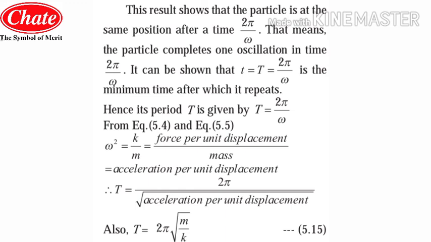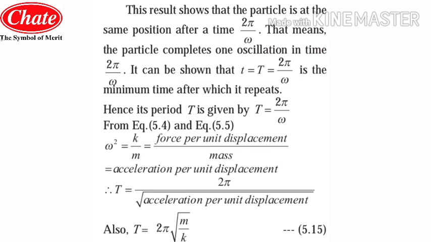Thus it can be shown that capital T is equal to 2 pi by omega, the minimum time after which it repeats its simple harmonic motion. Hence its period T is given by T is equal to 2 pi by omega.